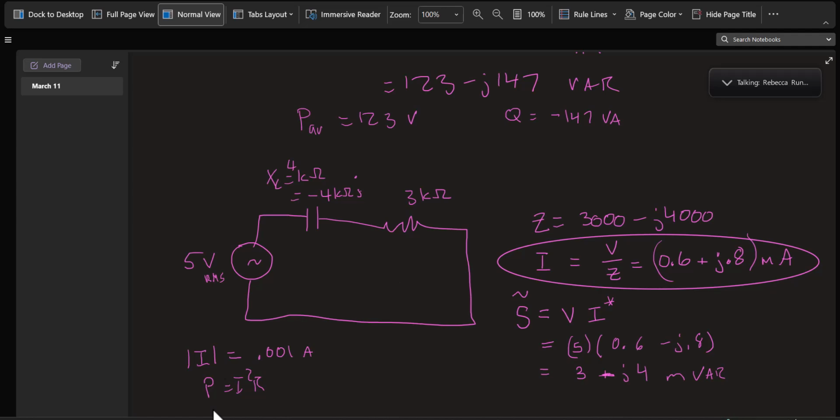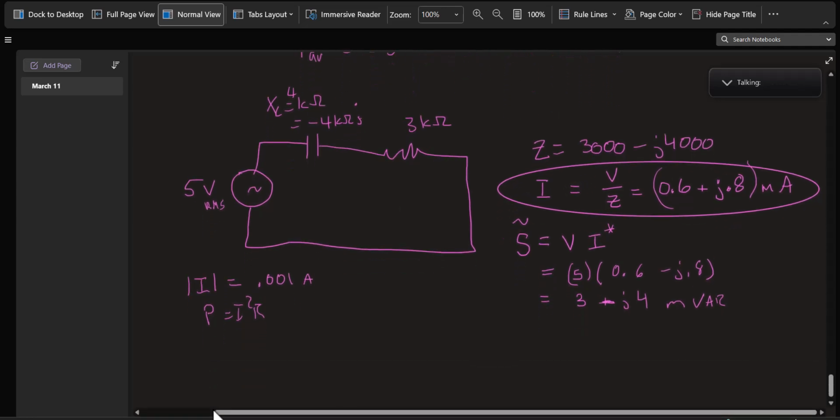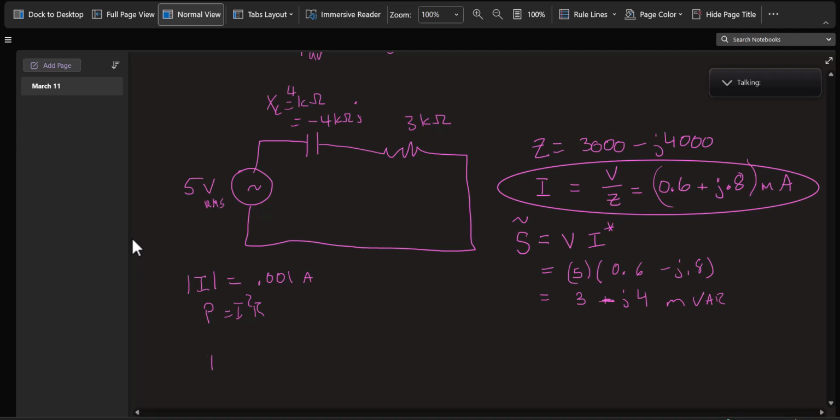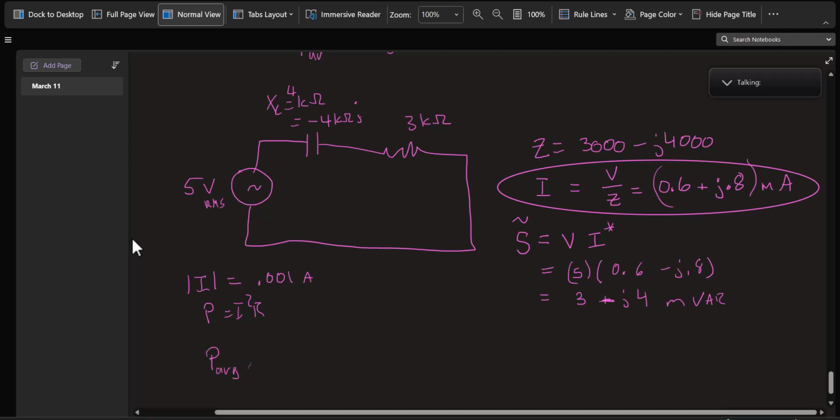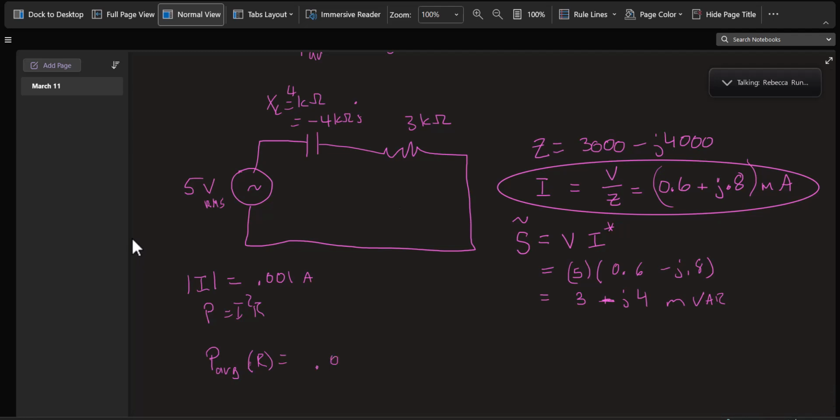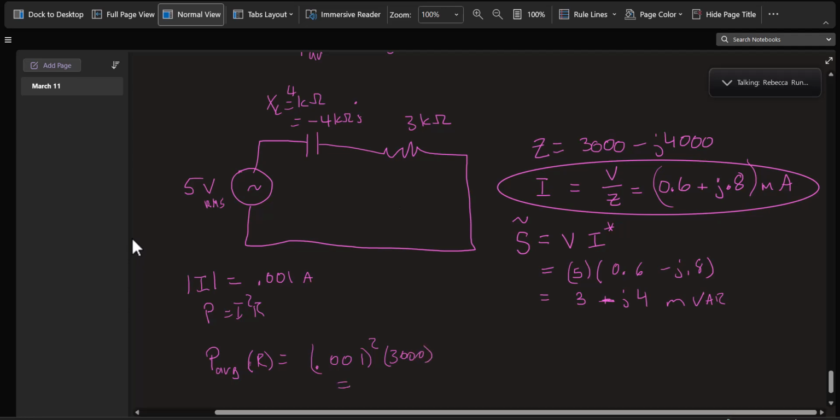So what is the real average power for the resistor? It would be 0.001 squared times 3,000, which is 0.003 watts. That's this part right here.